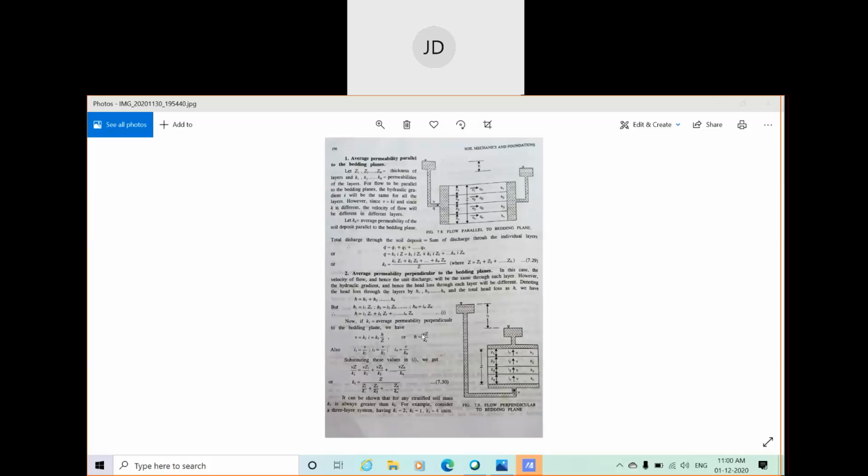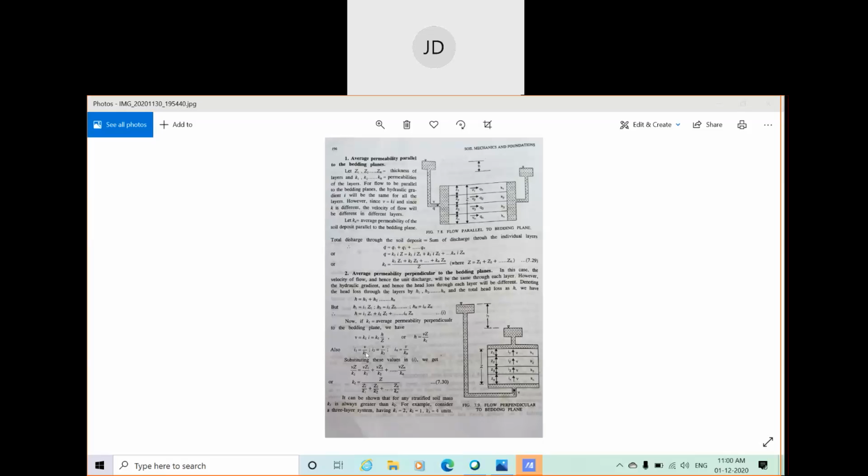Here you can see it's very important: H equal to V, that is the velocity of flow, into Z, the length traveled by the water in the perpendicular direction or the thickness of the soil layer, divided by Kz. Kz is the average permeability perpendicular to the bedding plane.